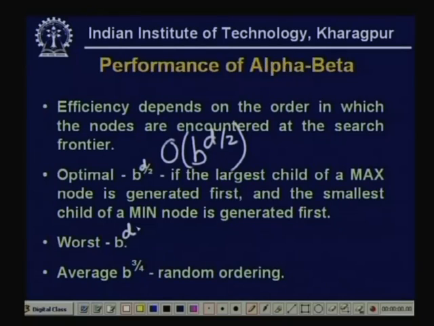And if we assume a random ordering, then the number of nodes expanded is order b to the power 3/4 d.